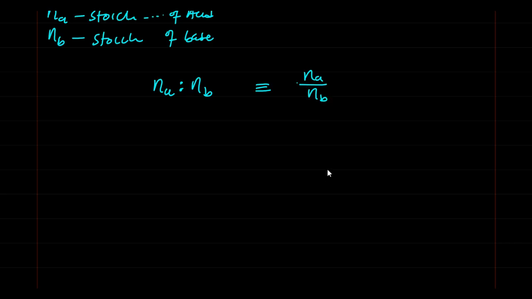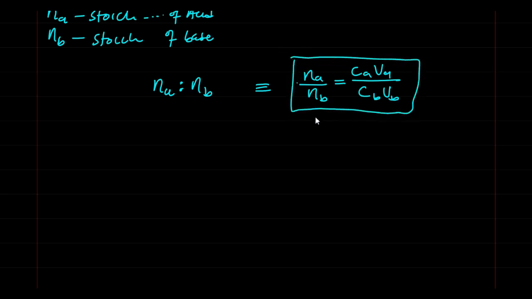But we also know that n is equal to CV, isn't it? And then now Na is equal to Ca Va, and Nb is equal to Cb Vb. So it is actually what I was doing, but I just did it in longer steps. Now this is the stoichiometry.